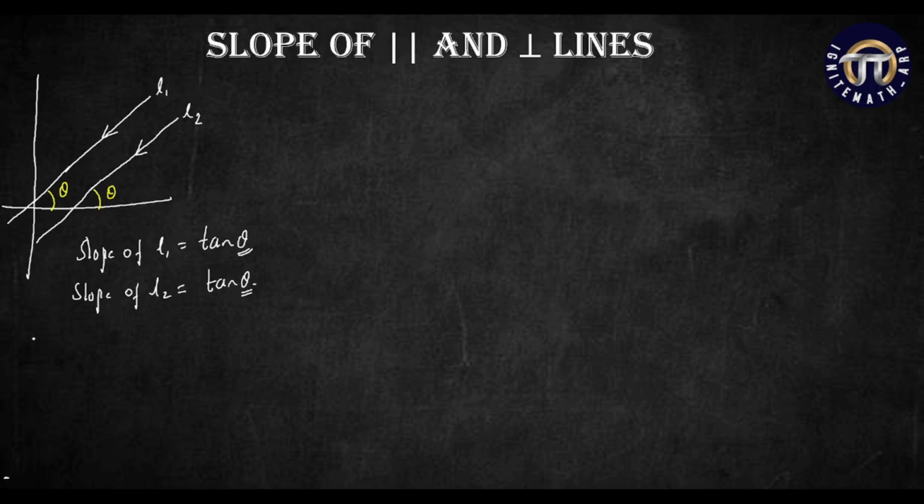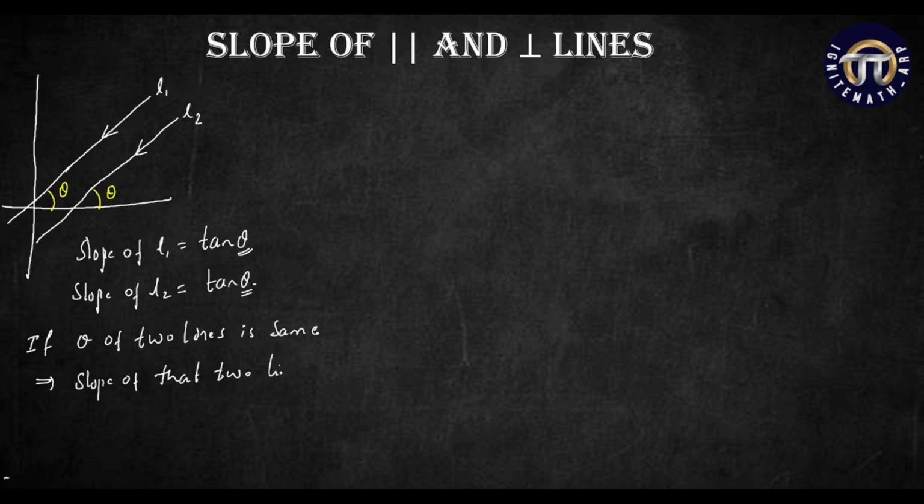So what's my conclusion over here, children? If the theta of two lines is the same, then the slopes of those two lines are also the same.